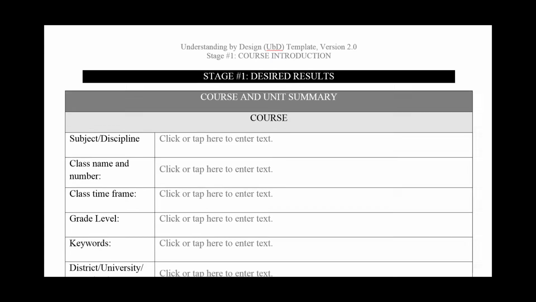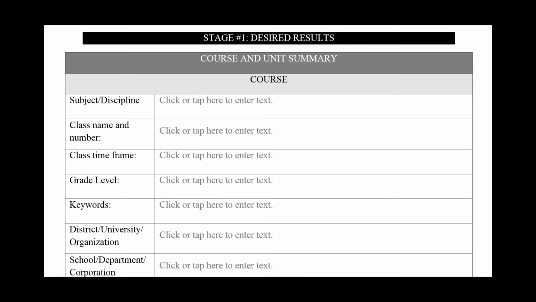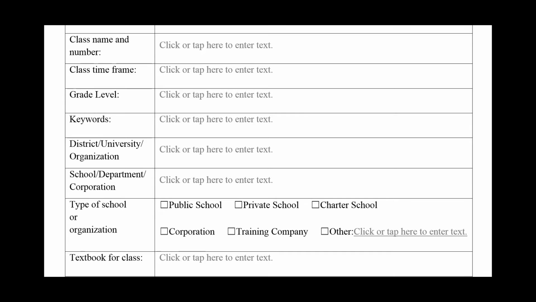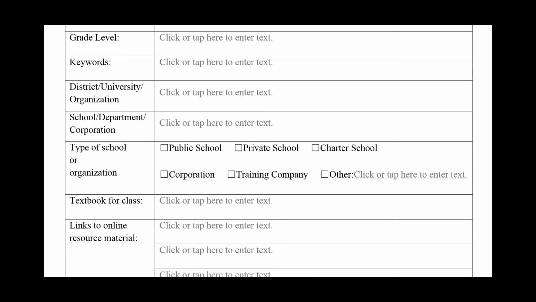So we have the subject or discipline, class name and number, class time frame. This is all very basic information that you should know and have in mind when you are completing this template. This is what you're doing this for, basically. And actually, if you don't have some of this information, then you really have probably a bigger problem on your hands, except for some of these things like a textbook for the class, though you should have something like that.